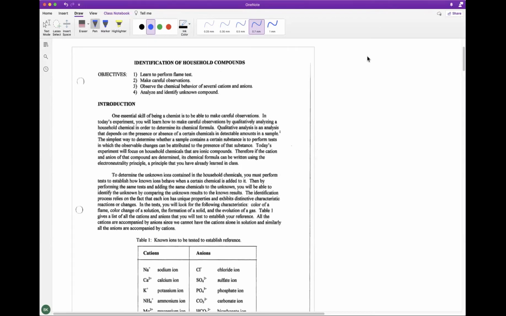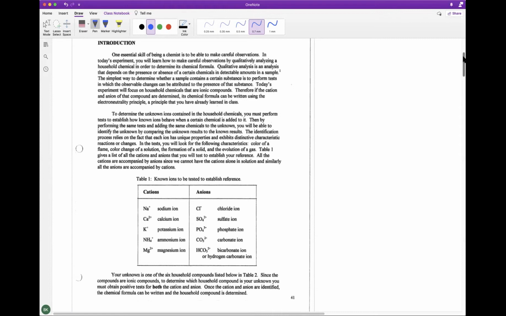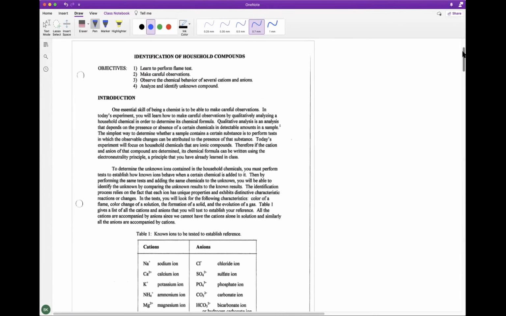All right, so this week in lab, we are going to do the lab on identification of household compounds. That is page 41 of your lab notebook. The procedure is that I'm going to talk you through the background lecture, which is what we're doing here.